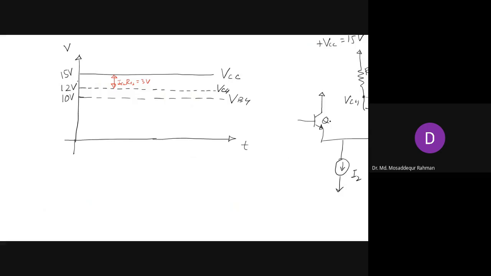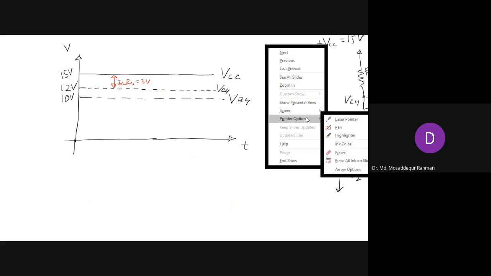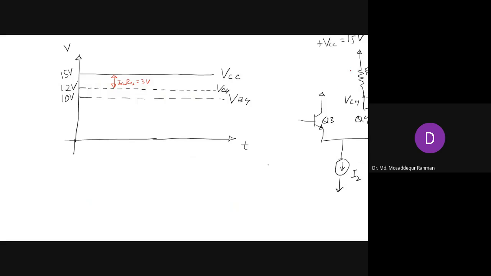It is our Q3 and Q4 second stage. And here we had the IC2, RC2. So that is the voltage drop. The current flowing here is our IC2. So that is the IC2 RC2 voltage drop. And then from VCC you have this drop, and then you have this VC4.